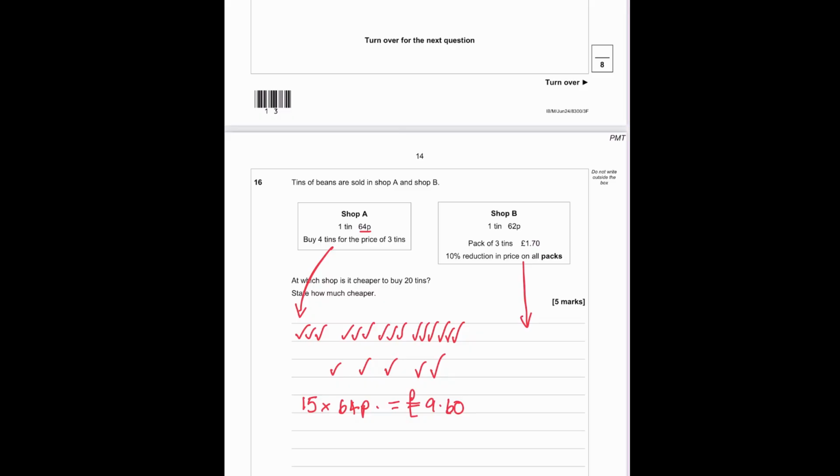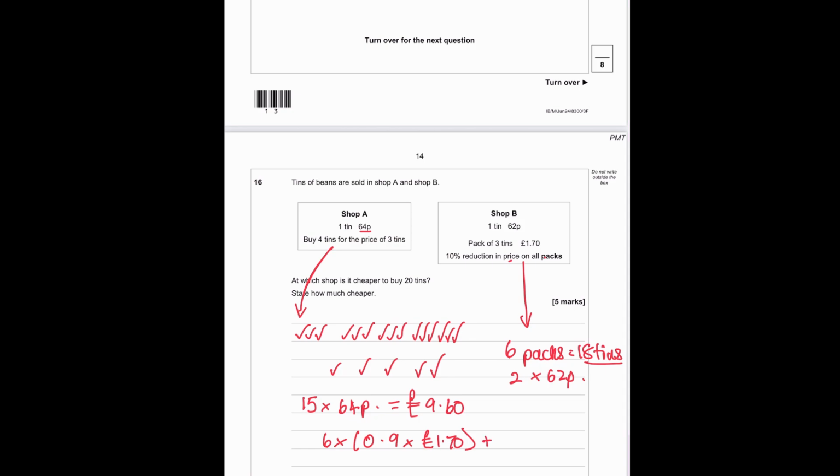For this one, we have a pack of 3 tins is £1.70 and 1 tin is 64p. Now there is a 10% reduction on all packs. So how many packs would we need? Well, 6 packs would get us 18. And then we would need 2 at the normal price of 62 pence. So 6 packs, with a 10% reduction, is 6 times 0.9 times £1.70.